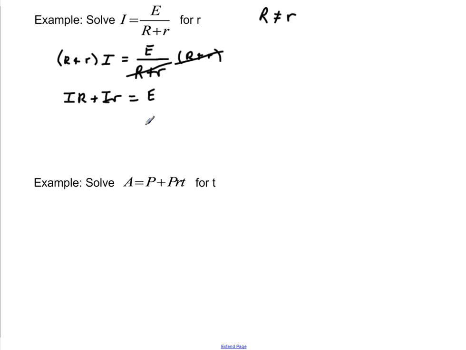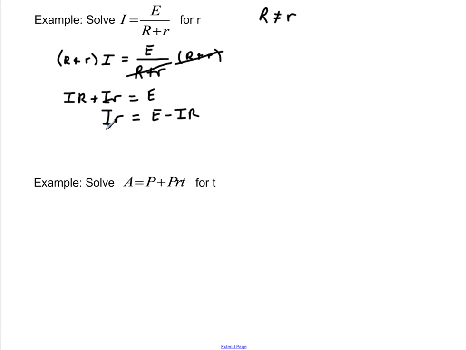So how do we go from here? How do we actually isolate small r? Well, our next step would be to isolate any term that has small r in it. So that means we have to subtract I times R from both sides. So I times small r will be equal to E minus I times big R. There it is.